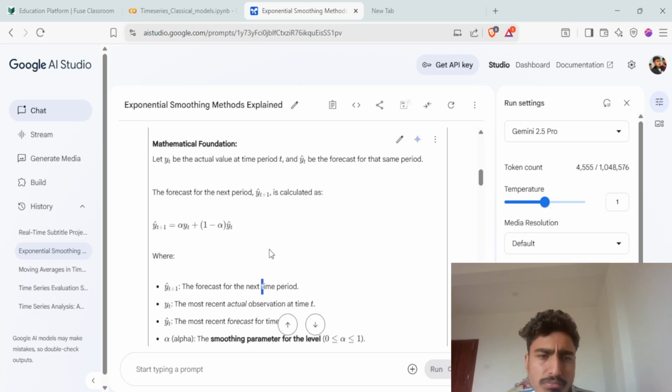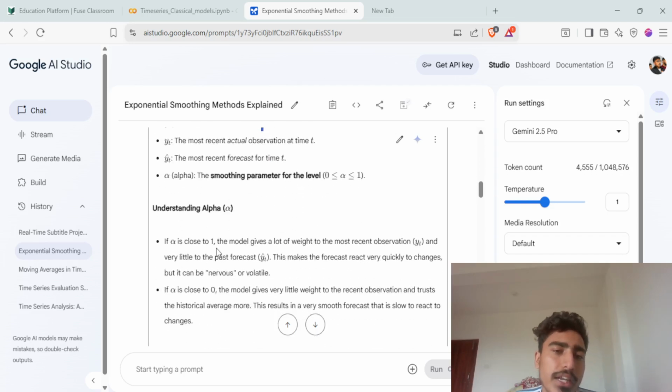A higher value of alpha gives more weight to the actual observed value and less weight to the current predicted value, not the upcoming ones. If alpha is close to 1, the model gives a lot of weight to the most recent observations, meaning the actual one rather than the predicted one, and very little to the past forecasts.